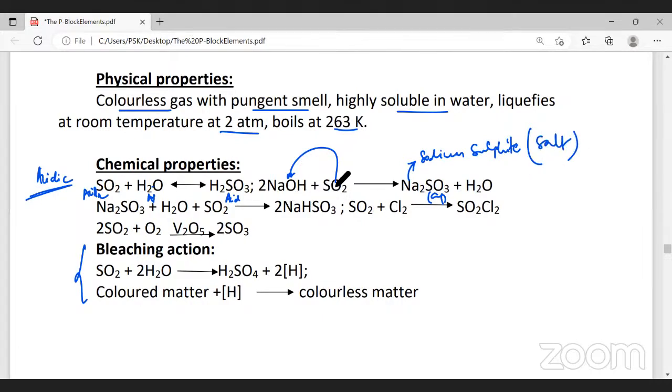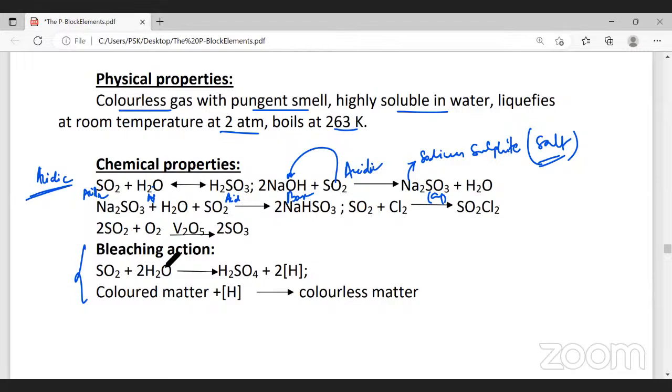So acid and a base will react. Sodium hydroxide is a very well-known base. That means the nature of sulfur dioxide should be acidic. Acid and base react to form salt. So these two reactions clearly give us the information that sulfur dioxide is acidic in nature.